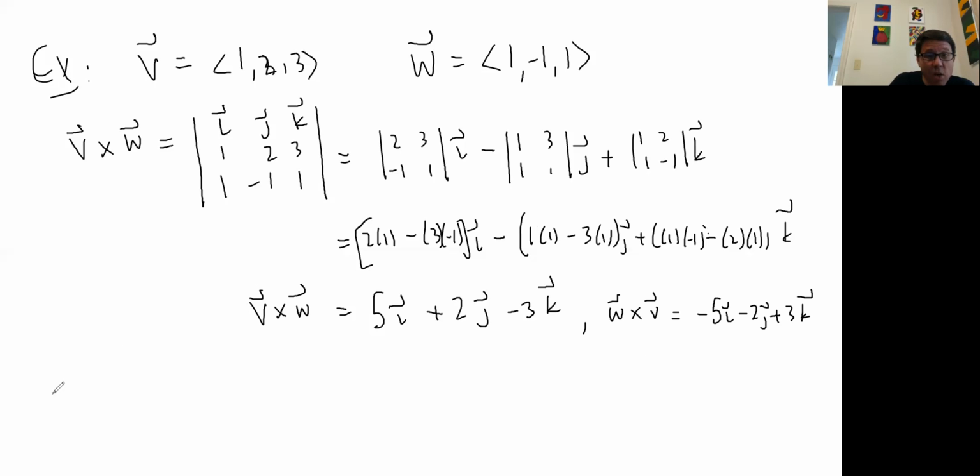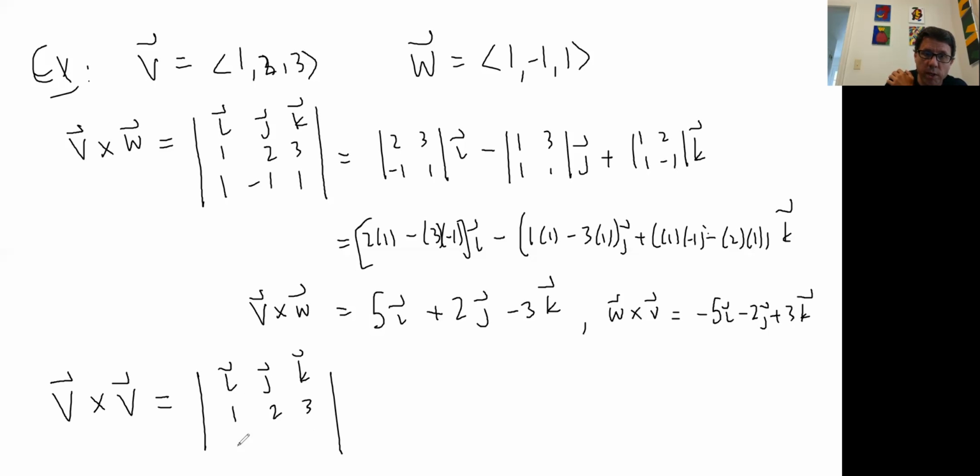What else to notice is what happens if I do V cross V itself? If I did the dot product of V and V, I got the length squared. What happens if I do the cross product of V and V? Okay, let's just try it here. IJK, 1, 2, 3, 1, 2, 3.